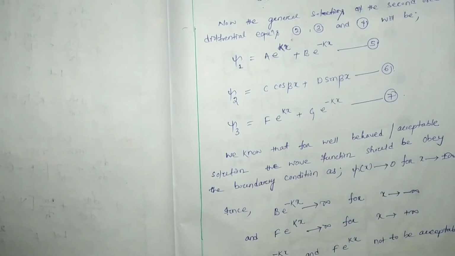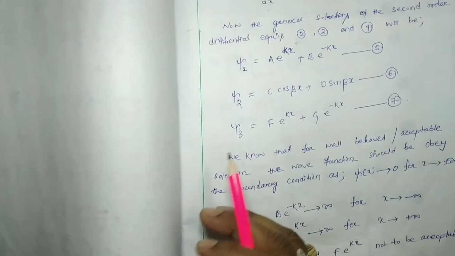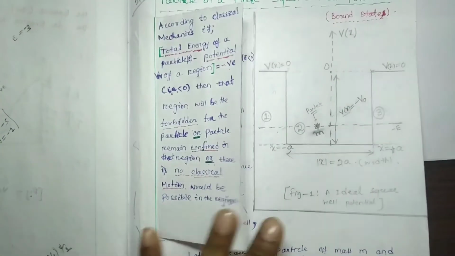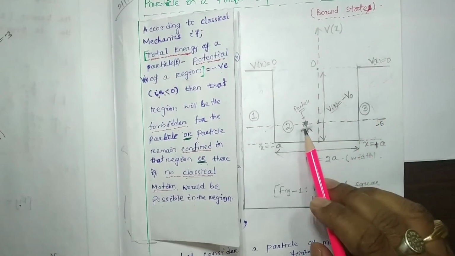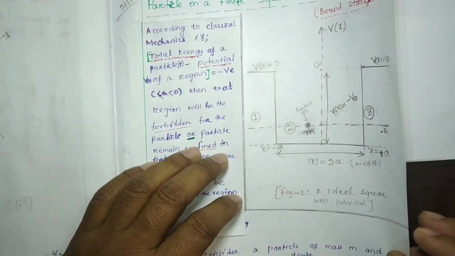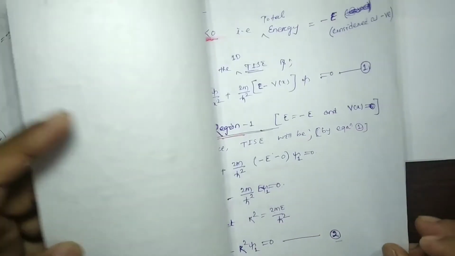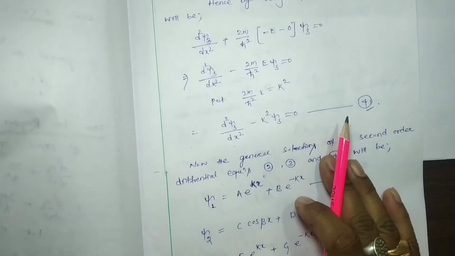So from the classical point of view, we can say that this region and this region are forbidden for this particle. However, quantum mechanically we found there is some wave function possible.